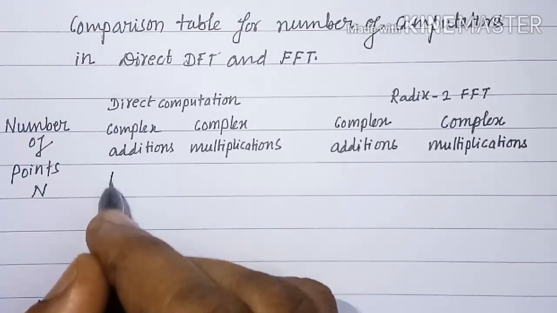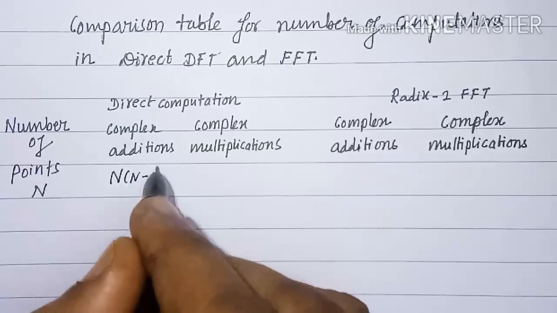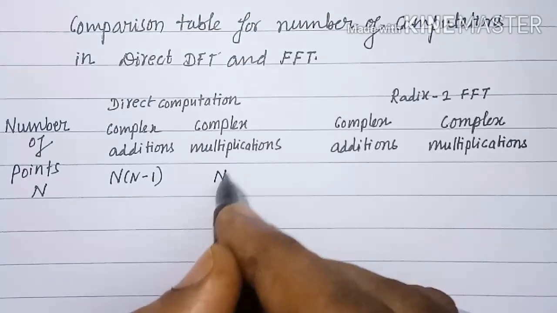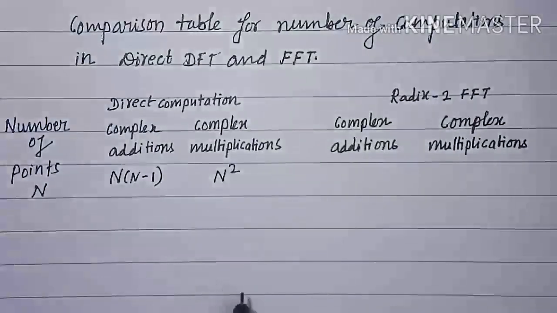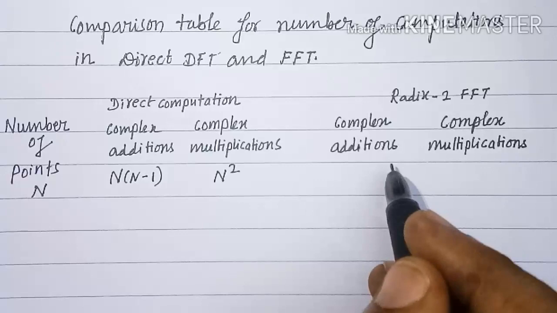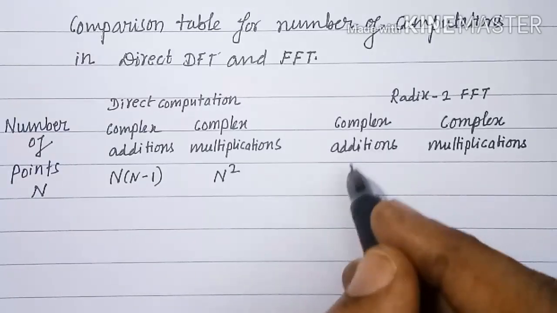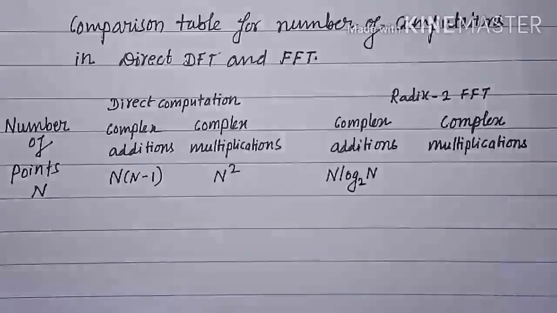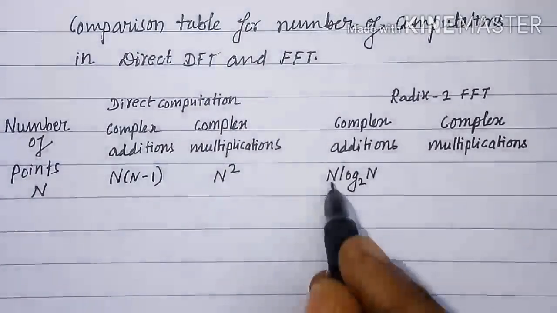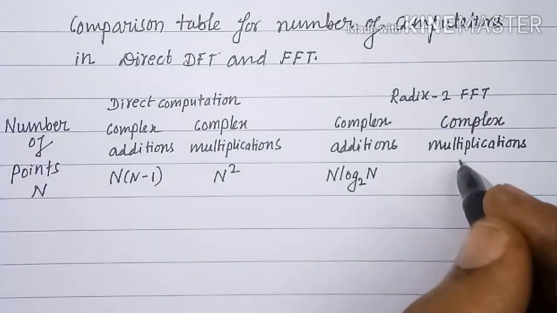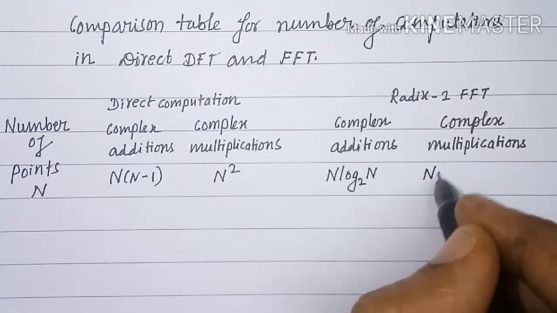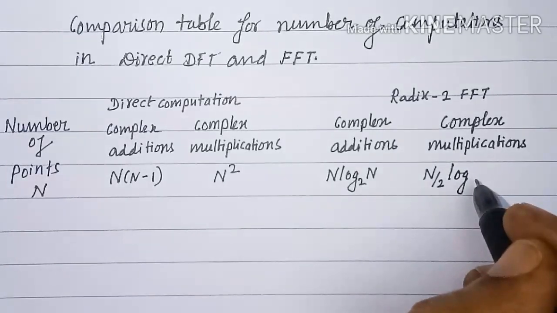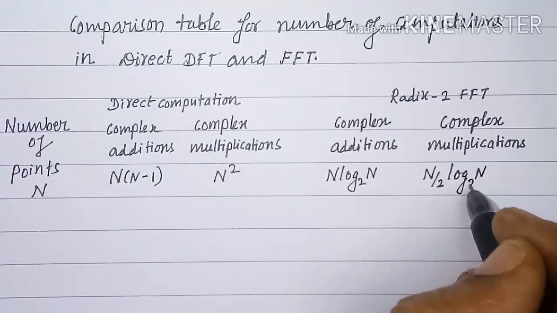We know that complex additions are N into N minus 1 in number, and complex multiplications are N square in number in direct computation. Whereas in Radix 2 FFT, complex additions are N log N to the base 2, and complex multiplications are N by 2 log N to the base 2.